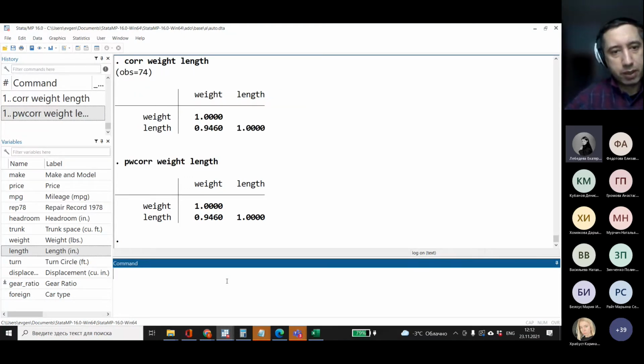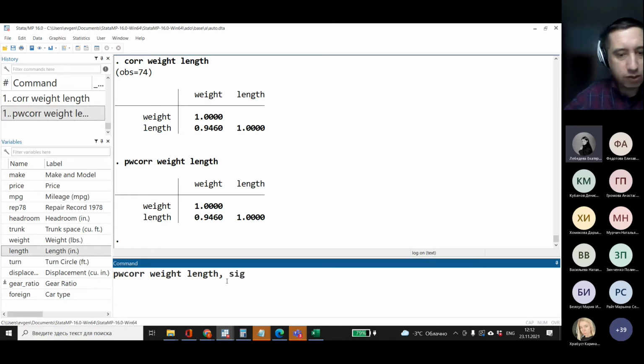But what is the important advantage of pwcor? Pwcor can also estimate whether your correlation coefficient is statistically significant.